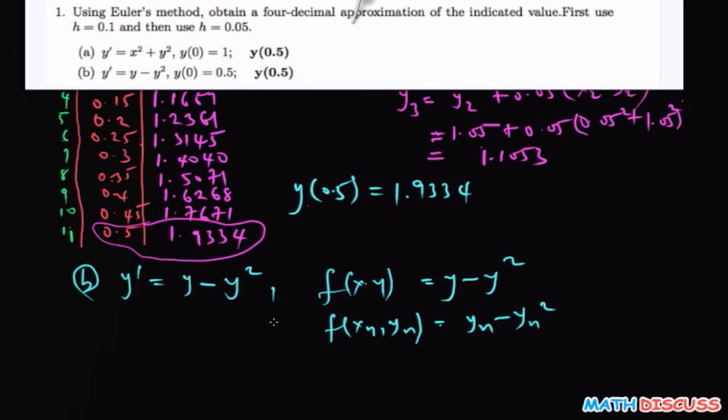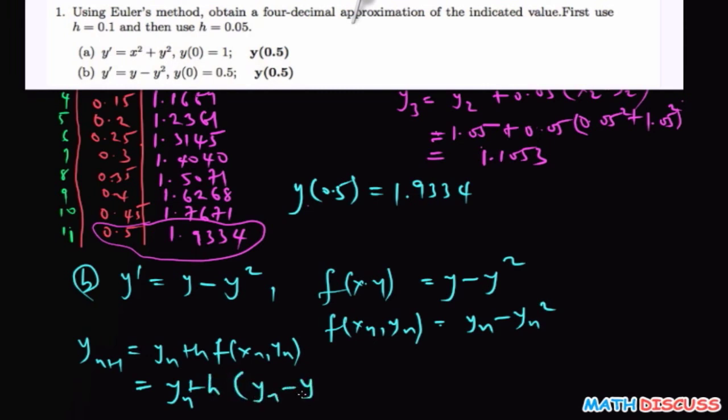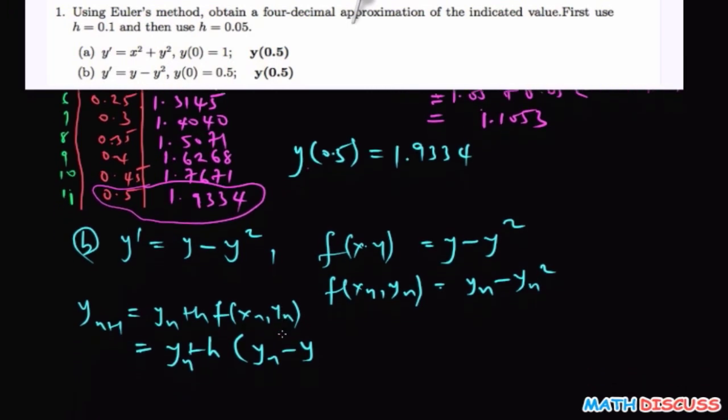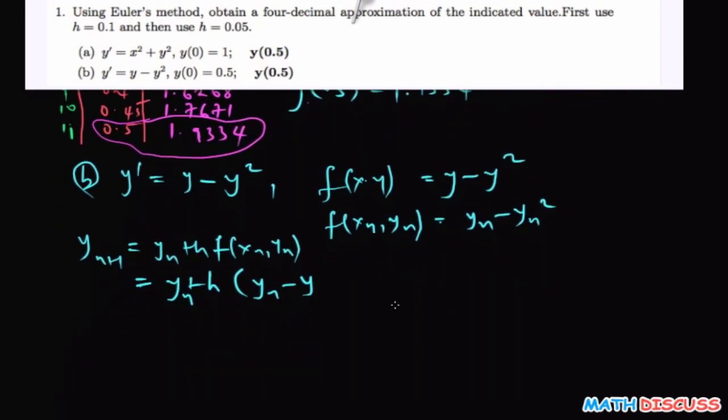Then to use Euler's algorithm, which says yn plus 1 equals yn plus h f of xn yn, that'll be yn plus h into yn minus yn squared. This is what you use as a paradigm in solving the next one.